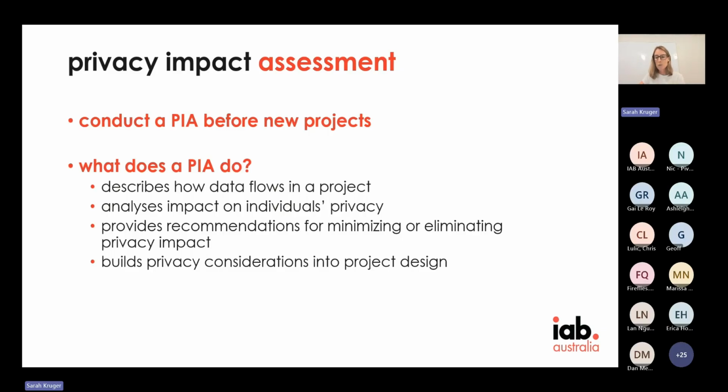And actually, I've had chats with people who are doing it without even realizing they're doing it. So I will say, what are you doing in terms of your privacy and your data? And people might say, well, we're mapping where the data flows, we're making sure we've got consent where appropriate, and we're having lots of cross-functional meetings. Well, that's perfect. You're actually a long way down the road of doing privacy impact assessments.